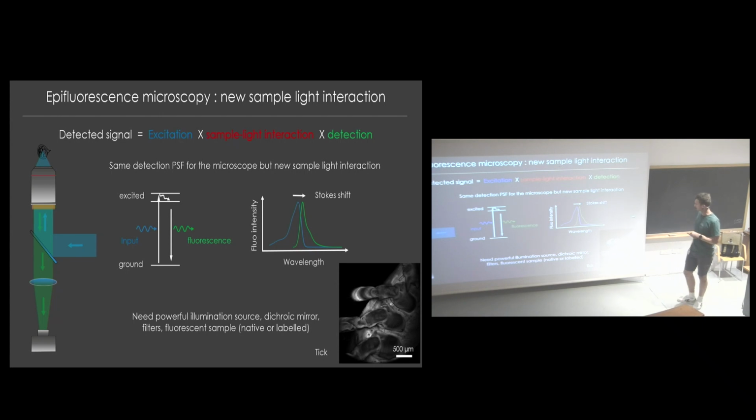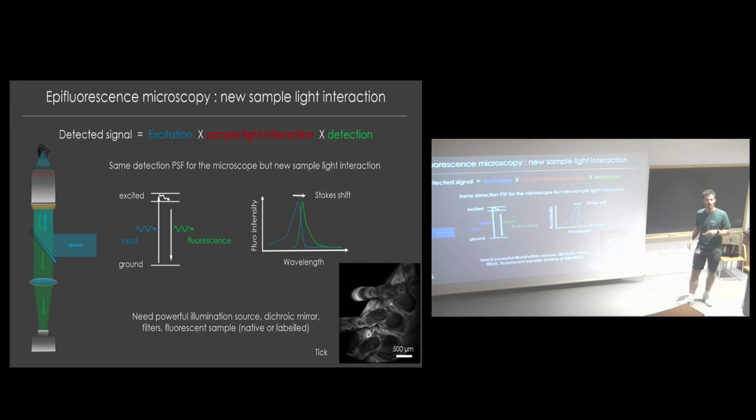By doing this, you can get fluorescence images in a wide field mode, meaning with a camera, in a single shot. Of course, you need a different source. Now you need more powerful sources, because fluorescence has a low yield, so you usually have a low number of photons compared to what you are exciting. And you need to add more optics to your system: you need filters and a dichroic mirror.